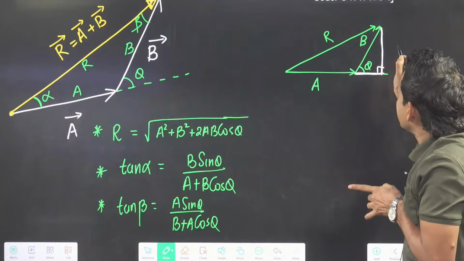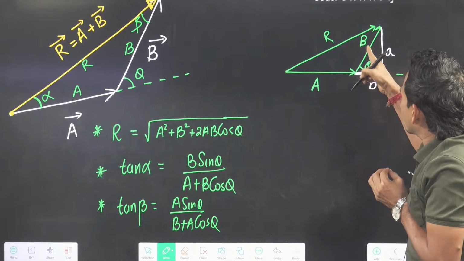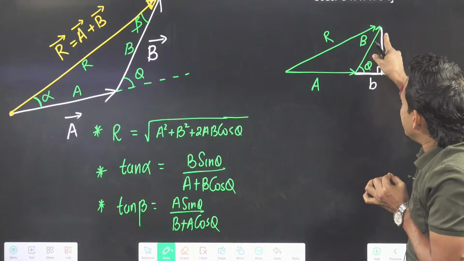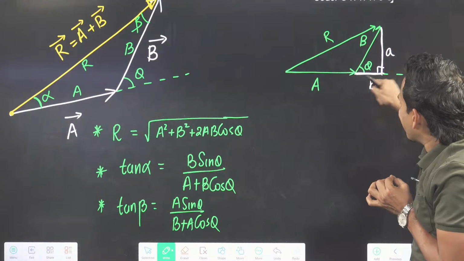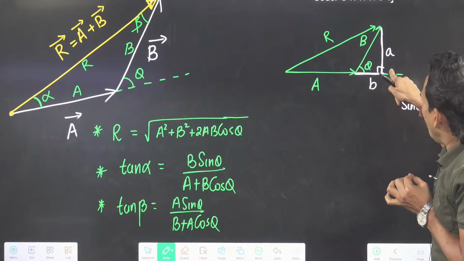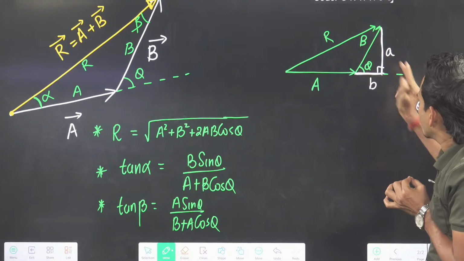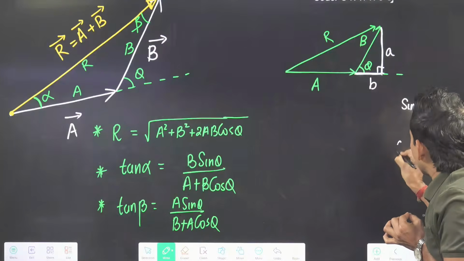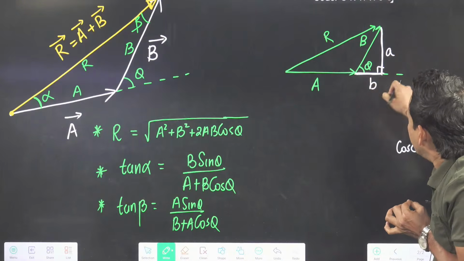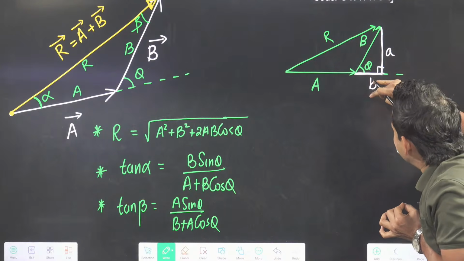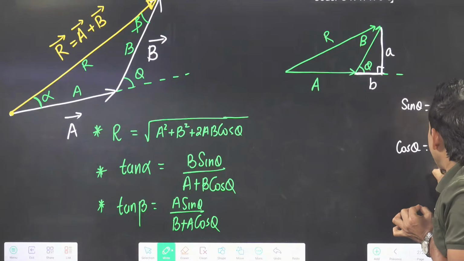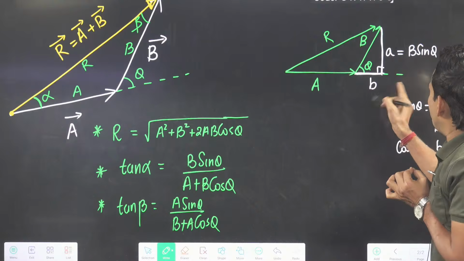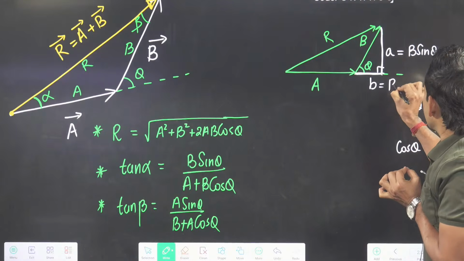In this right angle triangle with hypotenuse B, sin theta will be equal to opposite by hypotenuse, that is A by B. Similarly, cos theta in this small right angle triangle will become adjacent by hypotenuse, that is B by B. From here we can find this length: A will be B sin theta, and this other length will be B cos theta.